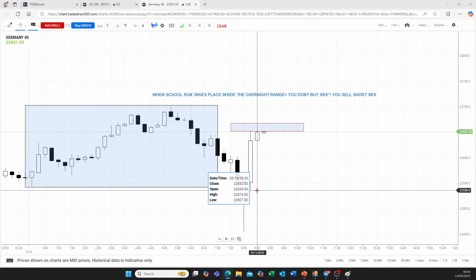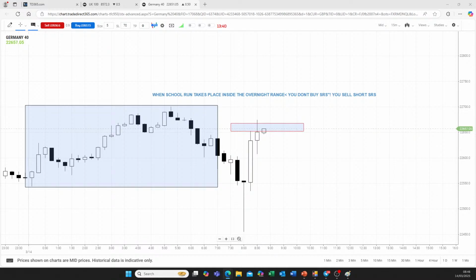So the range of this last 15-minute candle was about 67 points. If I compare that to the same candle yesterday, that was 100 points.